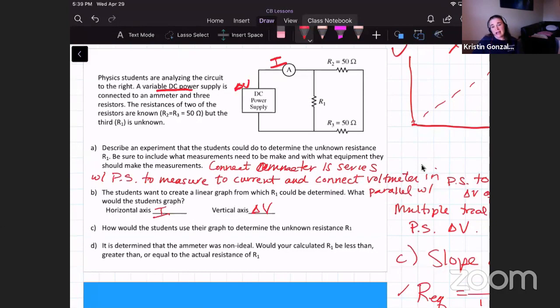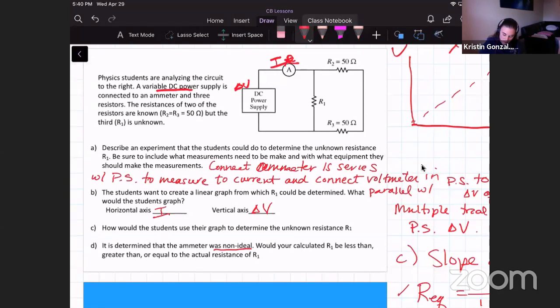But we want to look at how that changes things. First of all, what does it mean if my amp meter is not an ideal amp meter? Remember, ideal amp meters want to have a very low resistance, essentially 0, because we don't want the current to be changing due to the amp meter. If we add an amp meter that is non-ideal, then it has its own resistance.